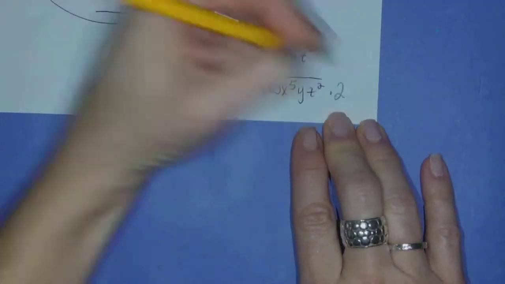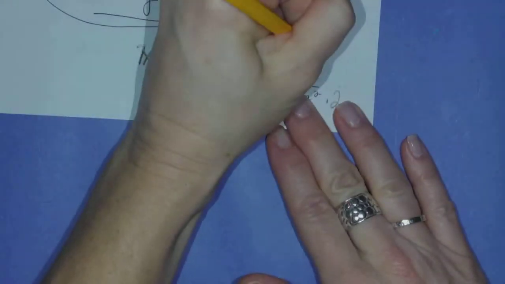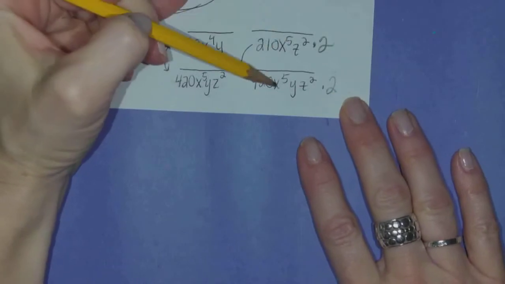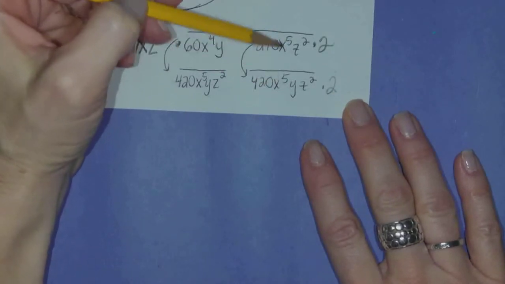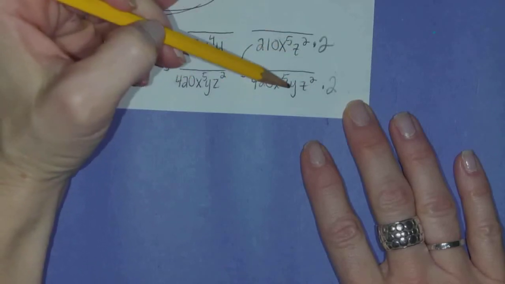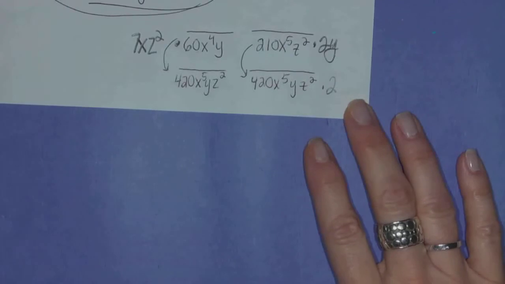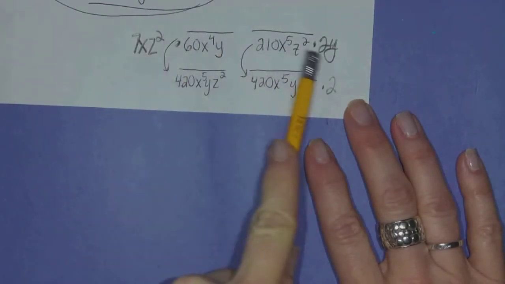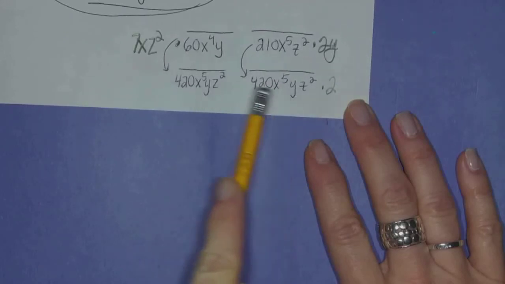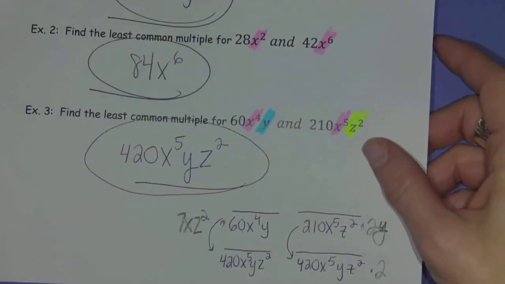So I would multiply by a 2. I'm sorry, not down here. Up here, I would multiply by a 2. And then how do I make an x to the 5th and x to the 5th? Well, multiply by 1, it's already there. Z squared, got it. But I don't have a y, but I can easily grow it by just multiplying by it. So you see that both of the original denominators can grow into the new denominator. So that's how you find an LCM.